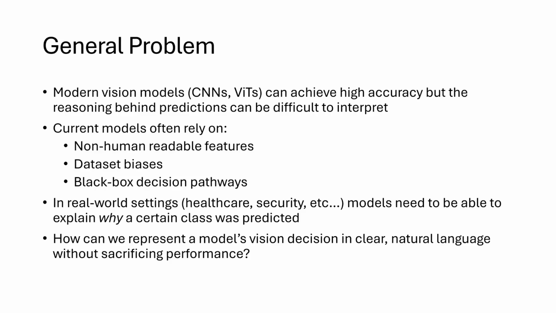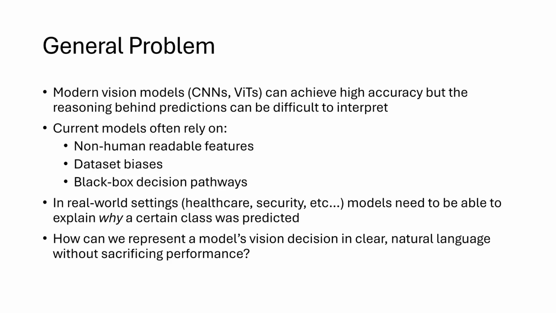So what is the problem that the paper is trying to address? Well, modern vision models are able to achieve high levels of accuracy, but often struggle in showing end users why they are making the predictions that they are making. Current models often rely on non-human readable features, dataset biases, and a lot of black box decision pathways.